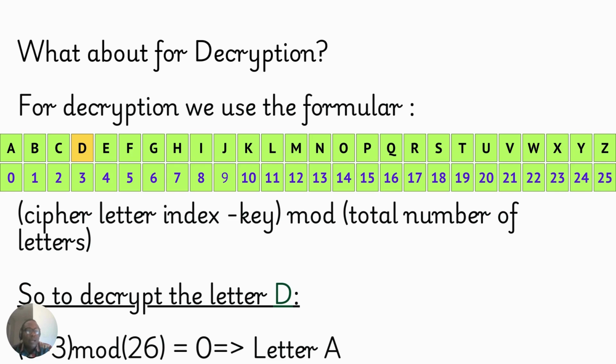So we have 0 modulus 26, and that gives us 0. And so we know that letter D is going to be decoded as letter A. Essentially, it is the reverse of the initial process which we performed.